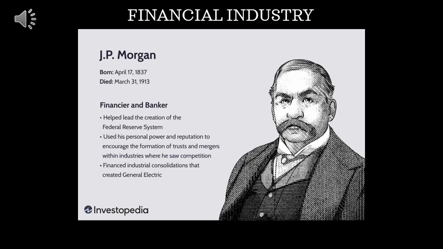His financing of other industrialists and consolidated groups helped create the company General Electric. General Electric is still in use today and makes many of the electrical components that are used in everyday construction of homes, buildings, and schools.